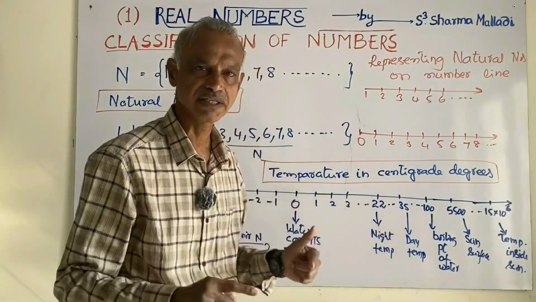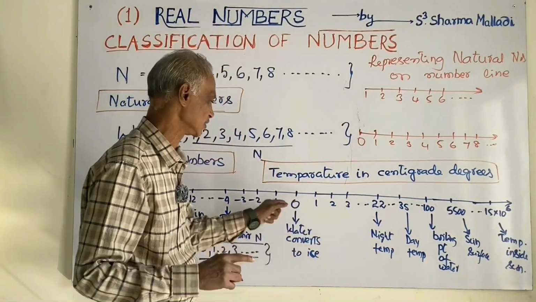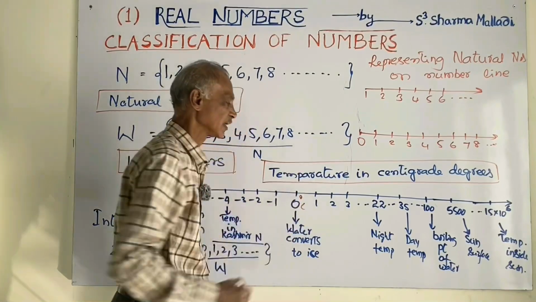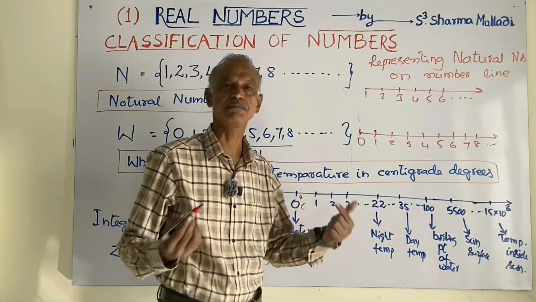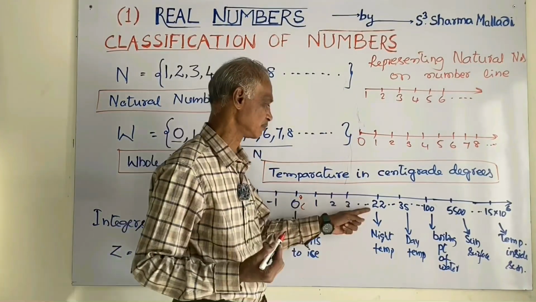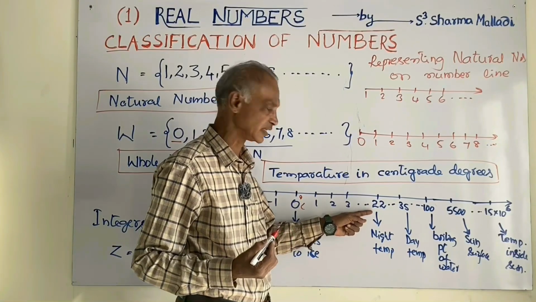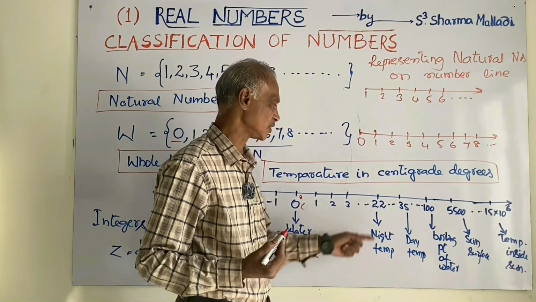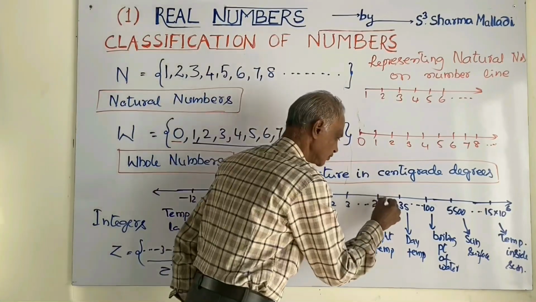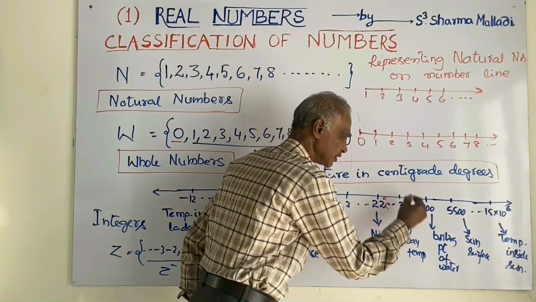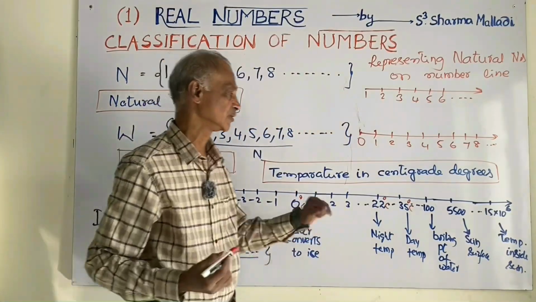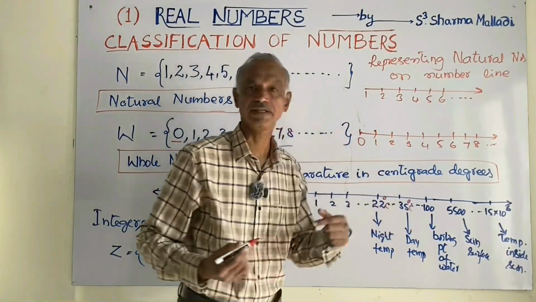At 0 degrees centigrade, water converts to ice. See, what is the temperature in the night? Yesterday's temperature was 22 degrees centigrade in the night. What is the day temperature? 20 degrees centigrade. And what is the day temperature? 35 degrees centigrade.